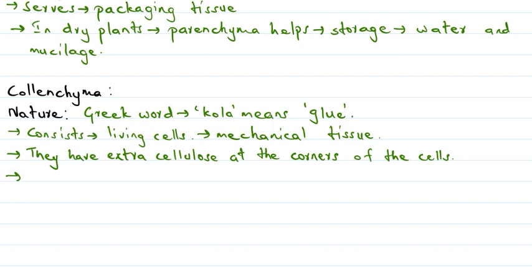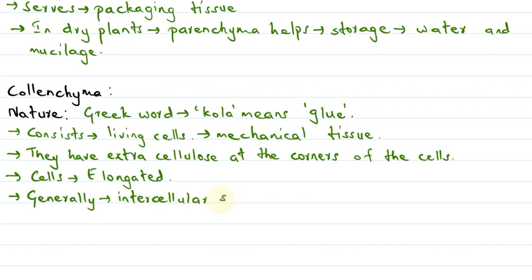Then the collenchyma cells are elongated in shape. How are the cells? They are elongated in shape. Then generally the intercellular spaces are absent in collenchyma tissue.